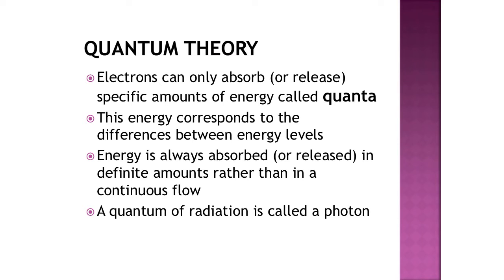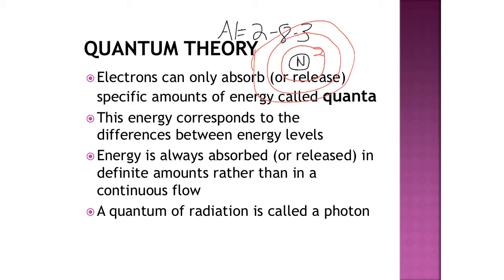And aluminum's electron configuration in the ground state is 2-8-3. So that means we have the nucleus, which I'm just going to draw as N. And then it would have 3 electron shells. 1, 2, 3. 2 electrons in the first shell, 8 in the second, 3 in the third.